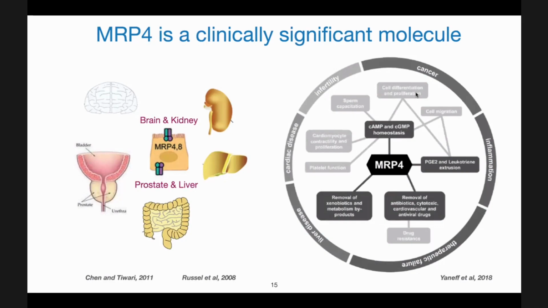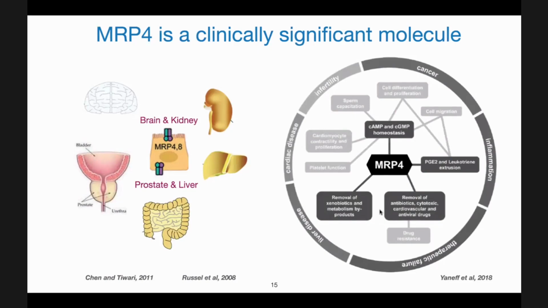And it has lots of diverse substrates, including endogenous substrates like PGE2 and leukotrienes and cAMP and cGMP. So it can be involved in various processes, and there are also drugs which are substrates of MRP4.